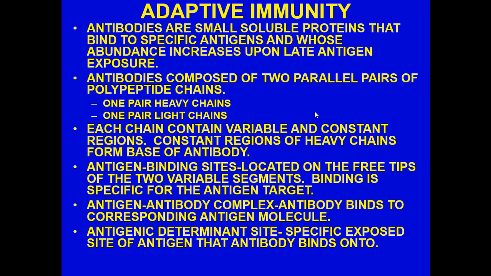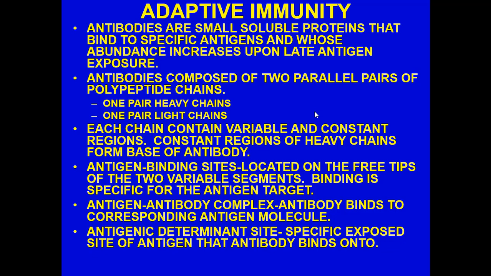Antibodies are composed of two parallel pairs of polypeptide chains. You have one pair of heavy chains and one pair of light chains. Each chain contains variable and constant regions. And what I mean by variable is particularly they can change some of the sequences and some of the amino acid arrangements, so they will have the binding sites specific for the antigen.